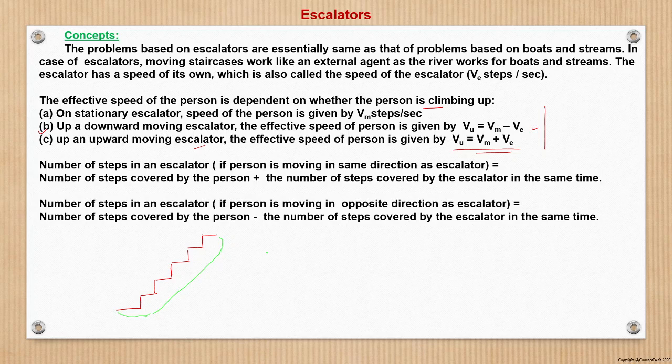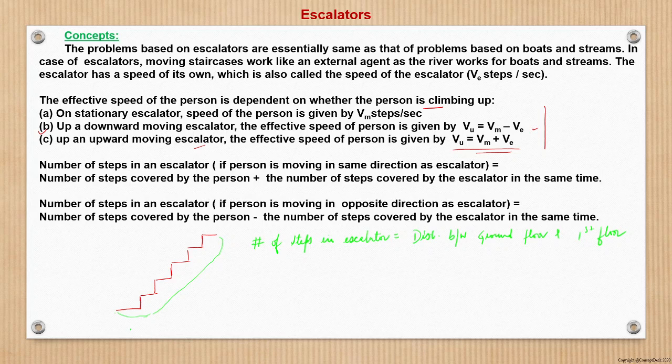In terms of an escalator, the number of steps represents the distance. And the number of steps in the escalator which is visible to us is essentially the distance between the ground floor and first floor, right?